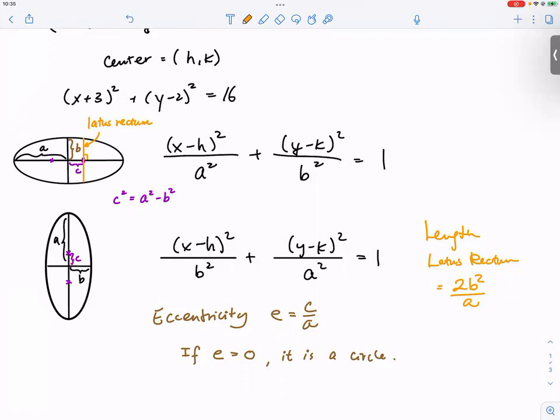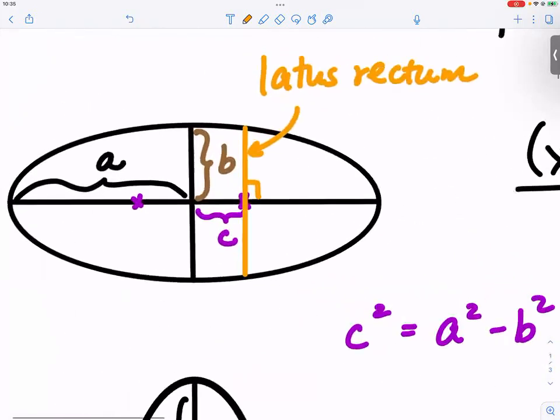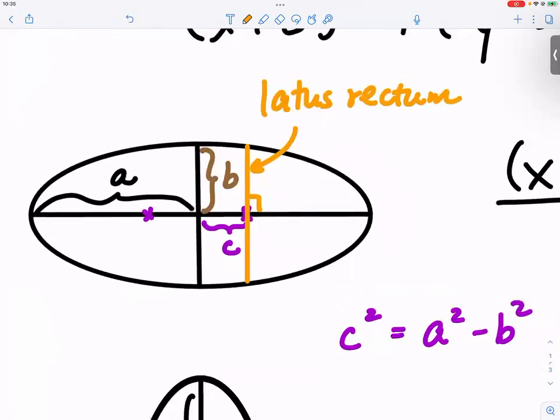It's a feature. Now, is it useful here? I mean, the latus rectum, what is it for? I have no idea. Yeah.